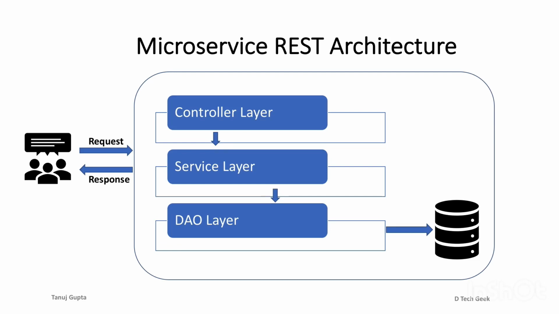Based on the given logic, it passes the request to the DAO layer, which is the data access object, and in turn it communicates with the backend, which may be MySQL or Oracle or SQL Server, and then it builds up the response, and that response is sent back to the user. So this is the overall picture of microservice REST architecture.